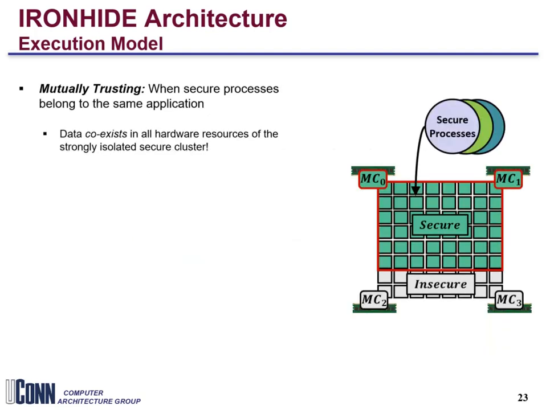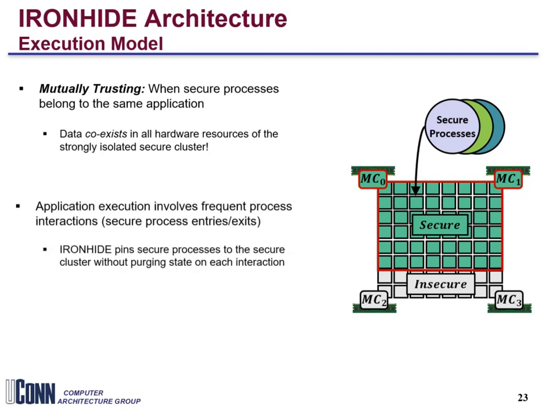In contrast, if multiple secure processes belong to the same application, IronHide considers these processes as mutually trusting. In this case, the data for these processes coexists in dedicated hardware resources of the secure cluster.